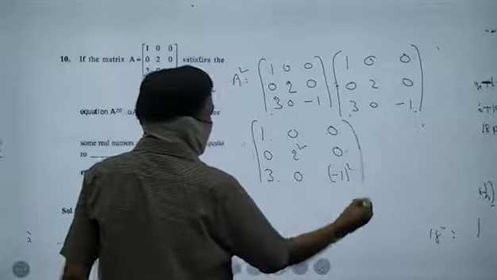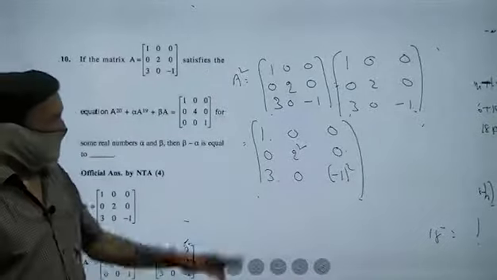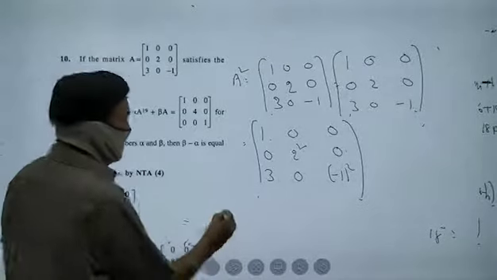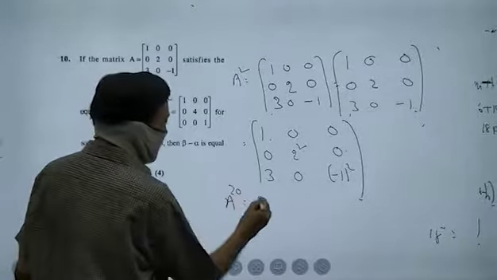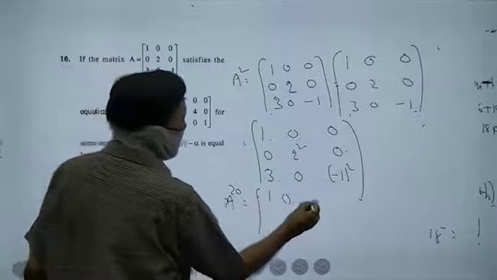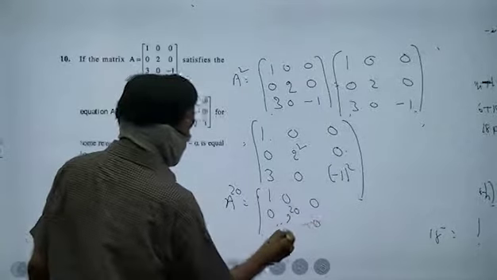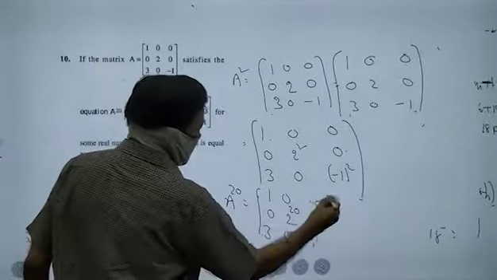You will get A square like this. So by observation, A^20 will be 1 0 0, 2^20, 0, 3, 0, 1.